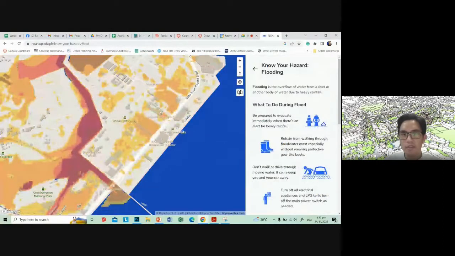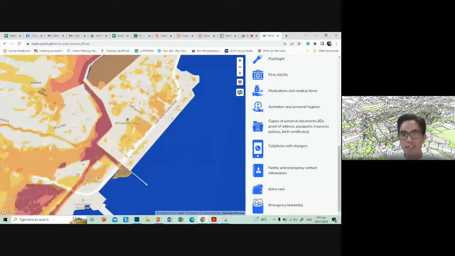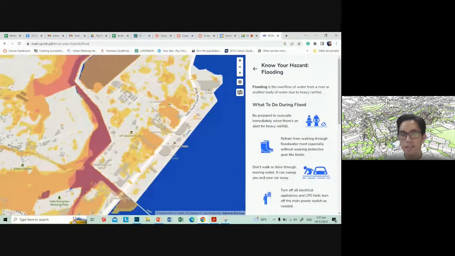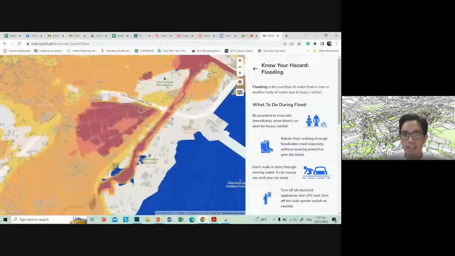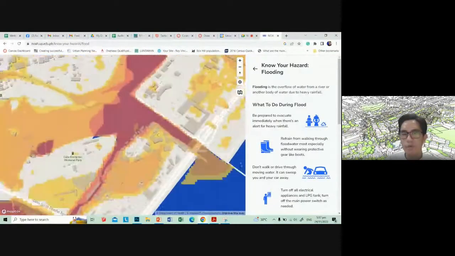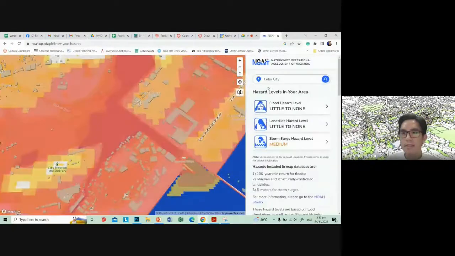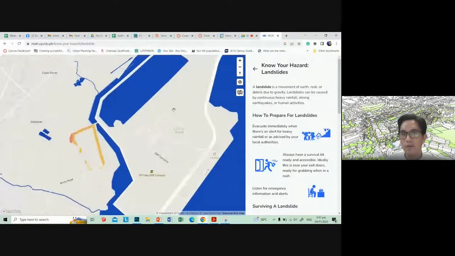Let's see what the other issues are here in SRP. So flood levels. You have big red areas here; yellow and orange is something that you should preferably not build on. In red, definitely you don't build on that. These areas are very prone to flooding. The next issue that you might want to look at, landslide. No issues of landslide in SRP because there's no mountains.